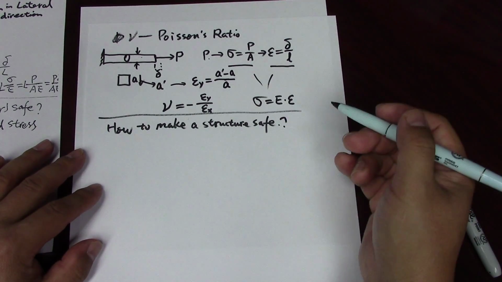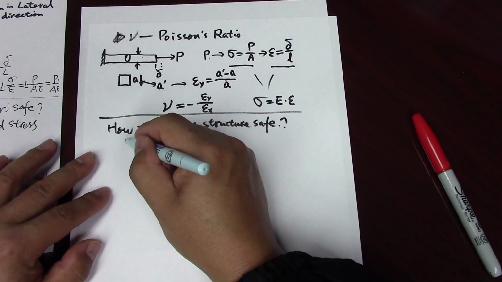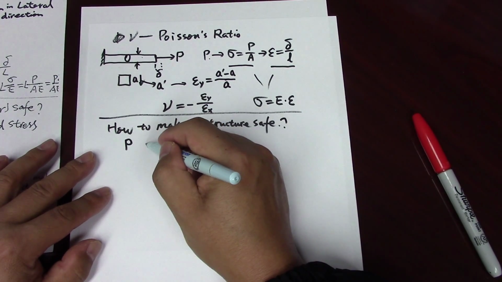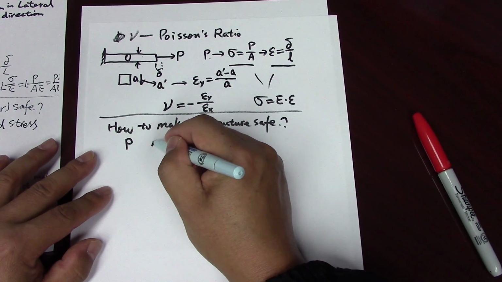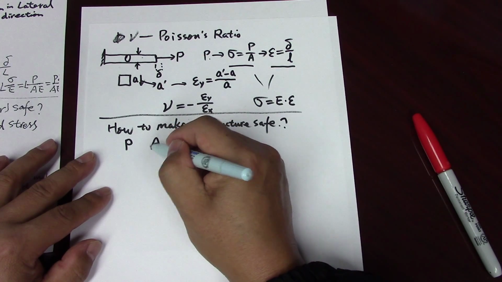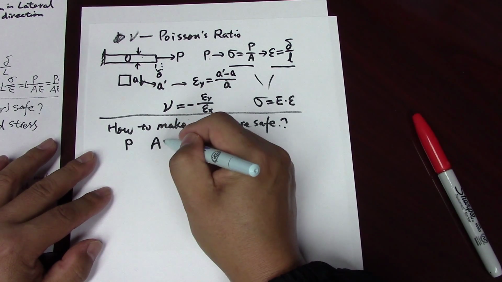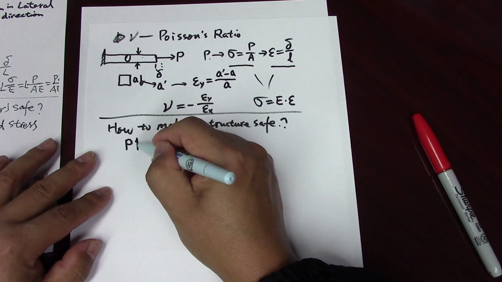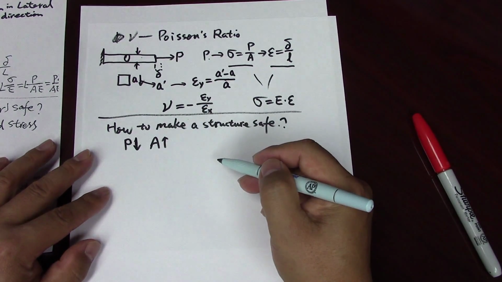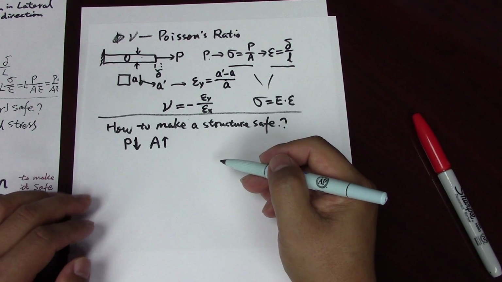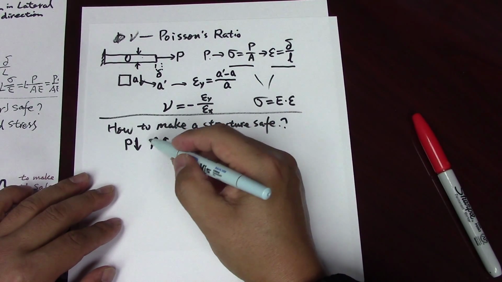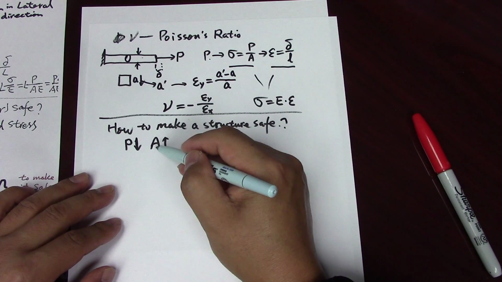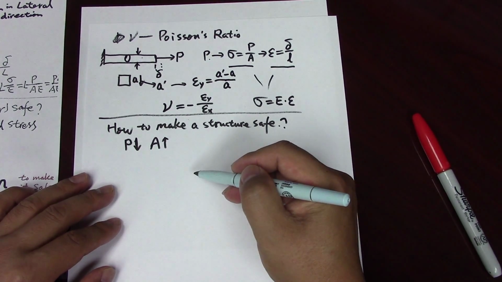So to make it safe, as we mentioned previously, you can control the load P, or you can control the cross-sectional area. Of course, when you increase the area, the structure in general will be safe, and if you reduce the load, it will be safer. Okay, so these two have to be both taken into consideration.